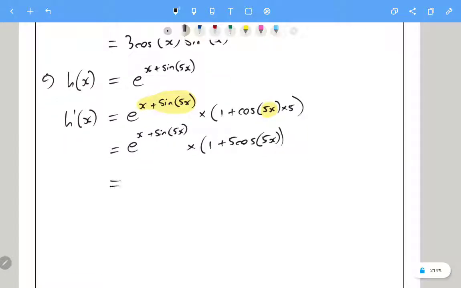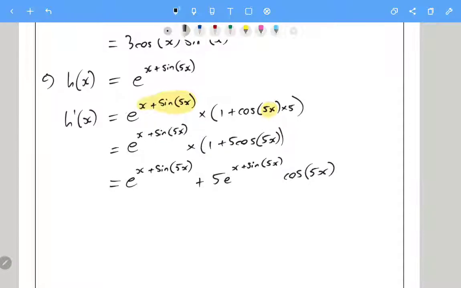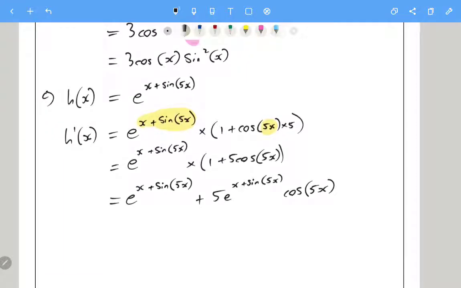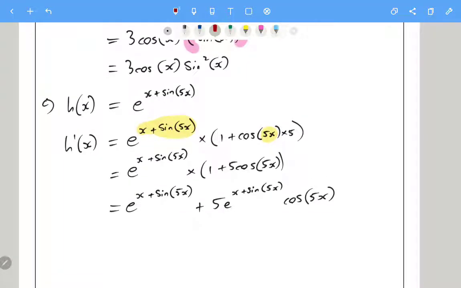If we expand out the brackets, we will get e to the x plus sine of 5x plus 5e to the x plus sine of 5x cos of 5x. Alrighty. Right, because when we expand out the brackets, we're just multiplying this by that and that.